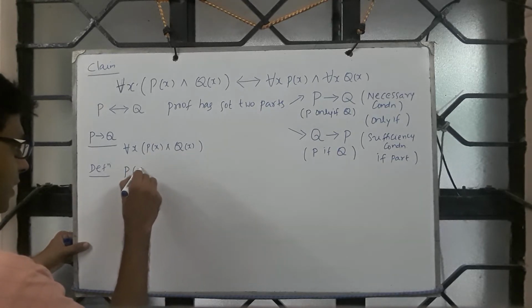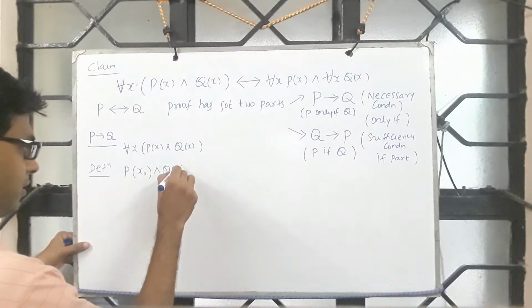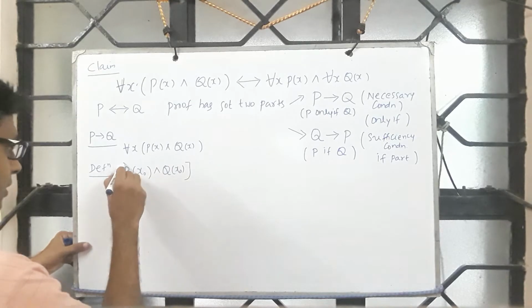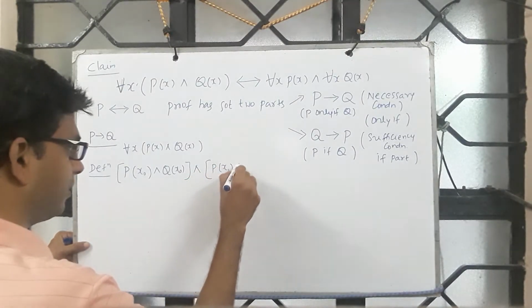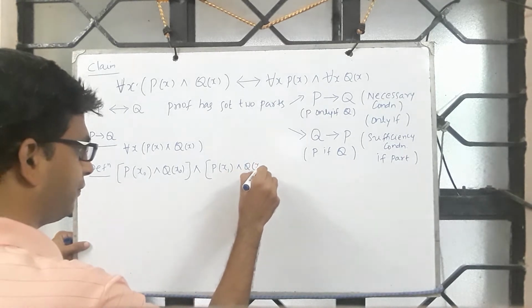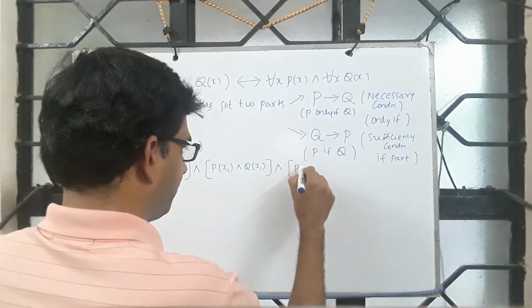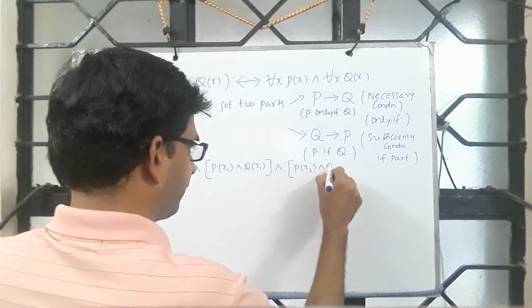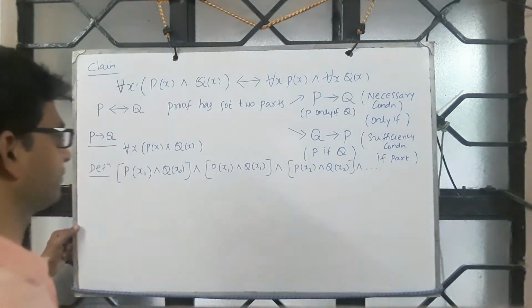So you get first element as this, and p of x1 and q of x1 and p of x2 and q of x2 and so on.